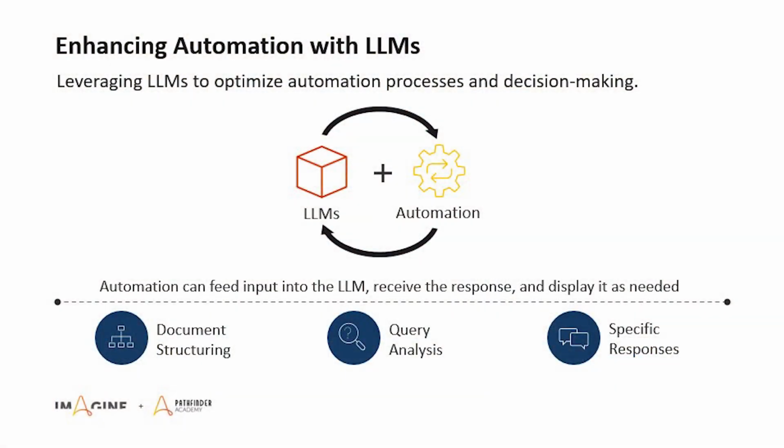So, enhancing automations with large language models. In this era of automation and innovation, large language models are an amazing technology that we can all get on board with. Automation Anywhere is bridging the gap between enhancing automations using generative AI.